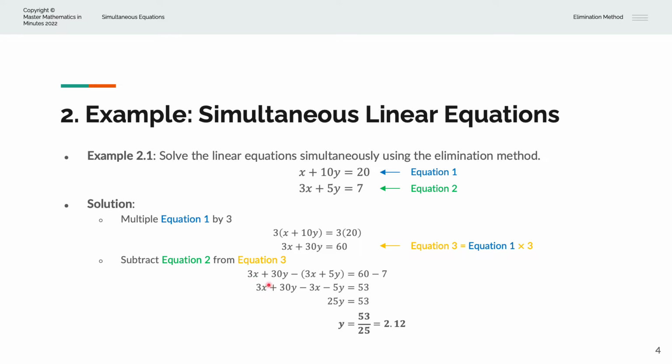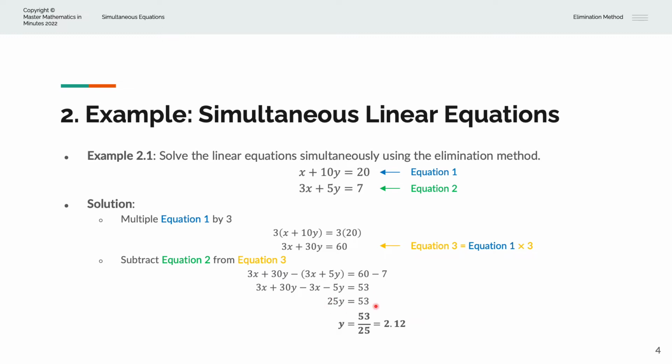We'll expand the brackets, that is minus 3x and minus 5y. And so 60 minus 7 is 53. And notice that 3x minus 3x amounts to 0. And so we have eliminated the variable x, hence the name the elimination method. So 30y minus 5y is 25y.